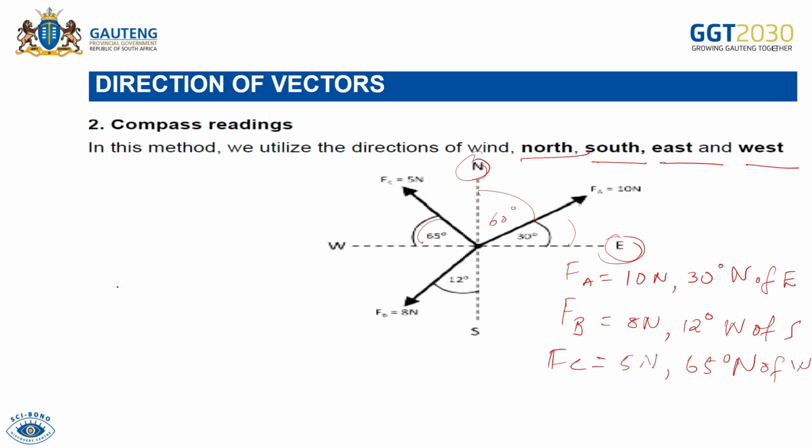So I can say my FA, depending on the angle that is given, is 10 newtons. What is the angle now? It's 60 degrees. But you are counting 60 from north or from east? It's from north, so we will say 60 degrees of north. I'm counting 60 from north, hence I will say of north.